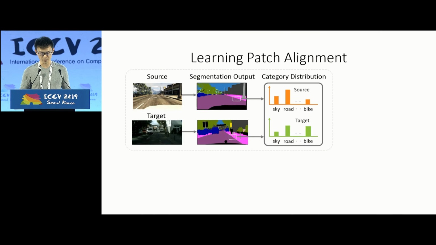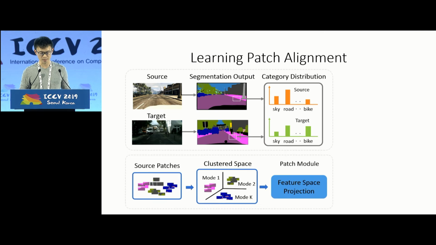To be more specific, given the source and target segmentation outputs, we can obtain their category distributions, which previous methods aim to align. In contrast, our work first constructs the cluster space using the source annotations, which contain the patch level category information.